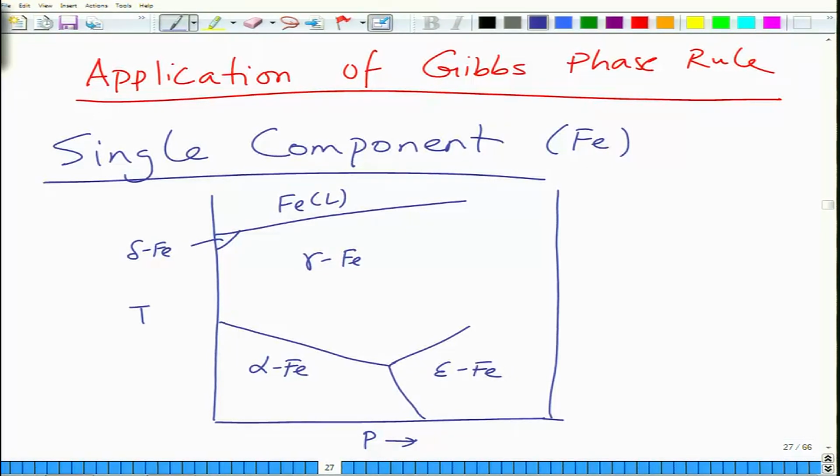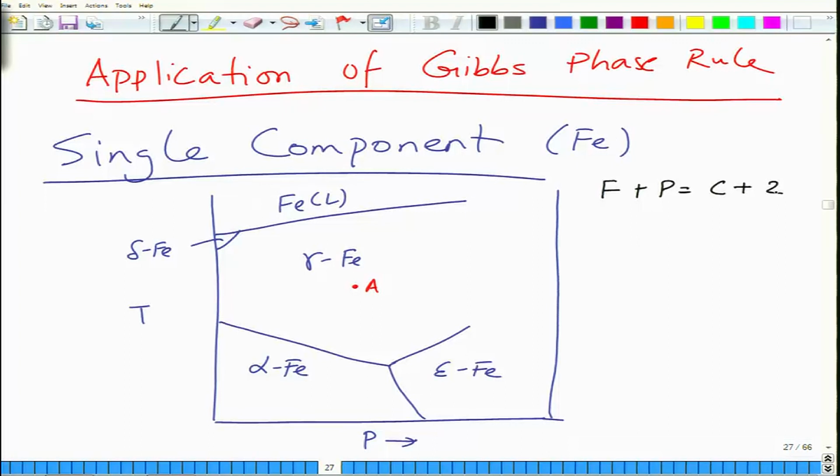Okay. So now let's see what happens at different places. So when you choose a particular point in this region, let's say this point A. So you can see that at this point A, the phase equation was F plus P equals C plus 2.